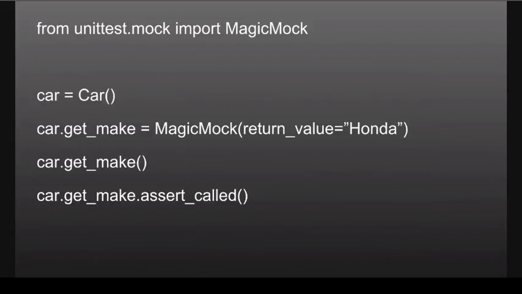So that whenever we call it, we will always get back Honda. We call it, you can check the return value if you like, and then the expectation that we've set up is that the function has actually been called. So that is where the assert_called function comes in.